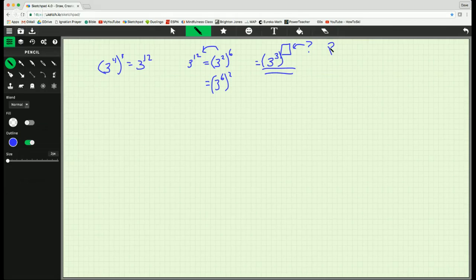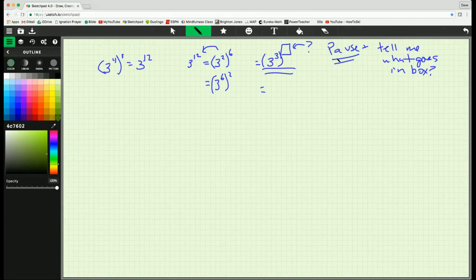Okay, I want you to pause and tell me what goes in the box. All right. Well, if you told me that what goes in the box is a 4, give yourself a pat on the back, because yes, indeed, 3 to the 3rd to the 4th power is 3 to the 12th.